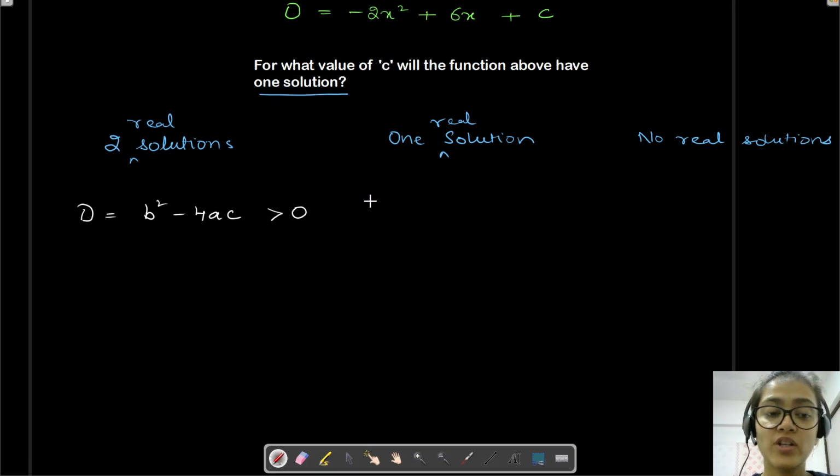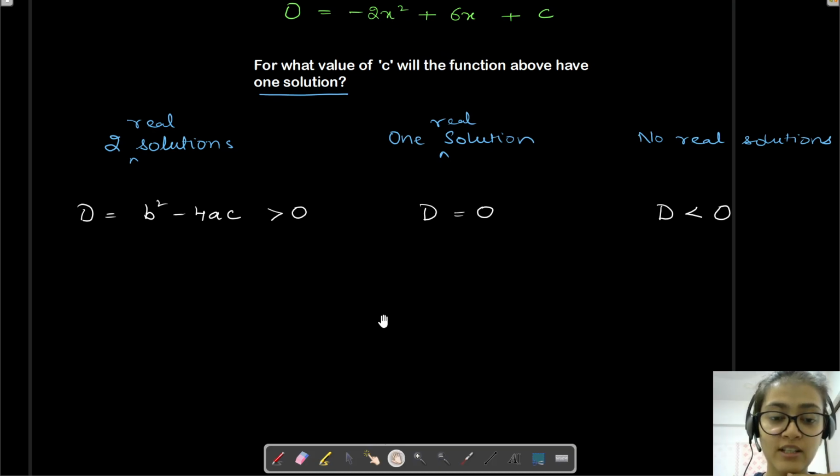If a quadratic equation has one real solution, then this quantity will be equal to 0. And if it has no real solutions, then this quantity will be less than 0. In this case, we are talking about one solution, so this quantity D, b squared minus 4ac, should be equal to 0.